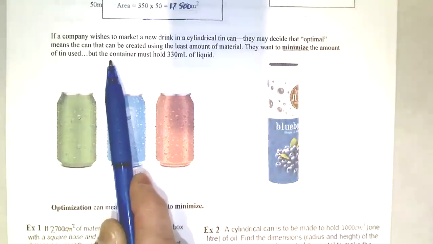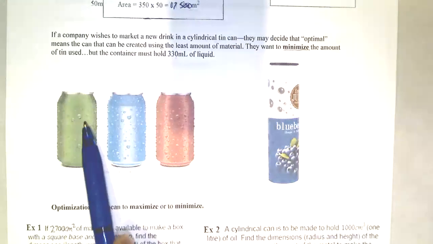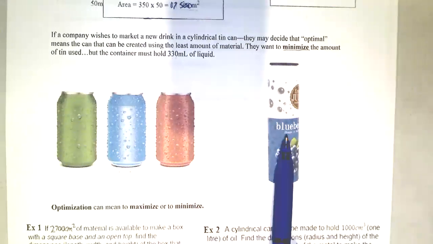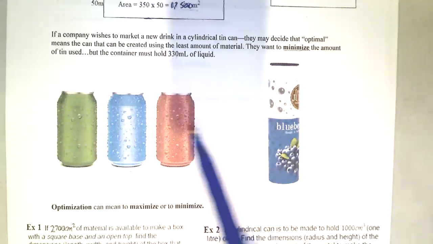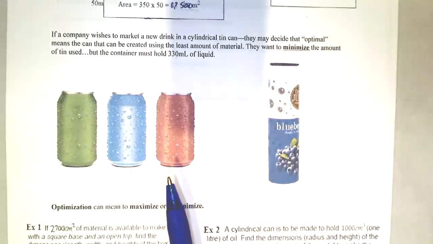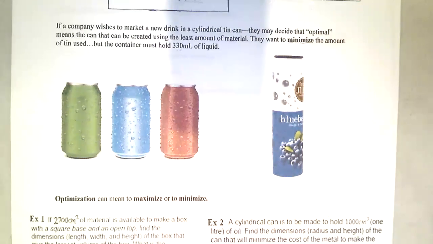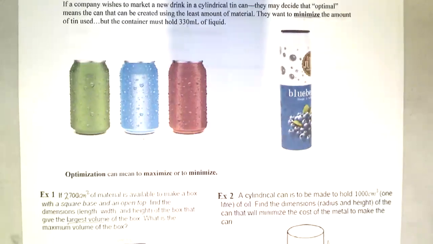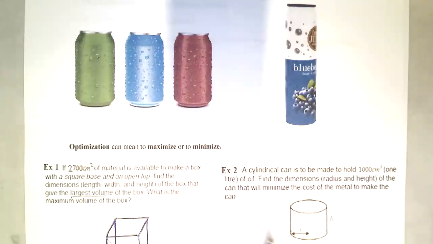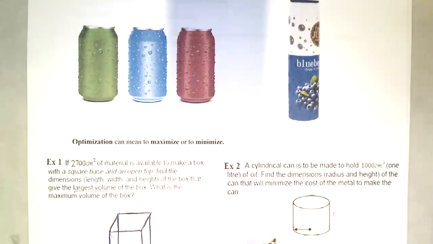So they want to minimize the amount of tin used, but of course the container has to hold 330, and you could then make a tall skinny can or a shorter can. Which of these uses the least amount of material is cost effective for them? So that's the idea. I'm going to show you the mathematics now. We're going to do 2 examples, and we are going to either maximize in one case or minimize in the other. The technique is the same.